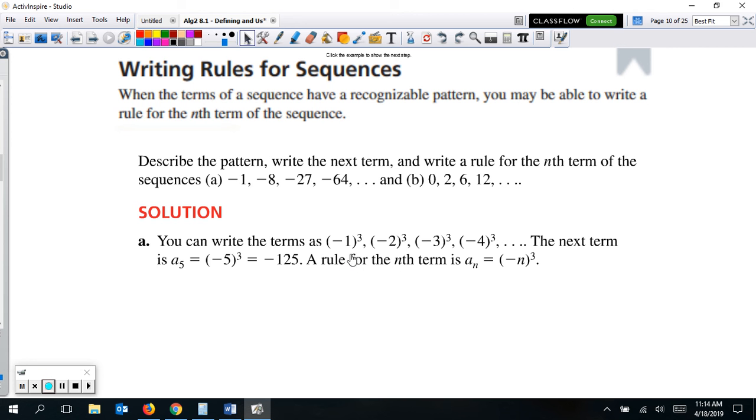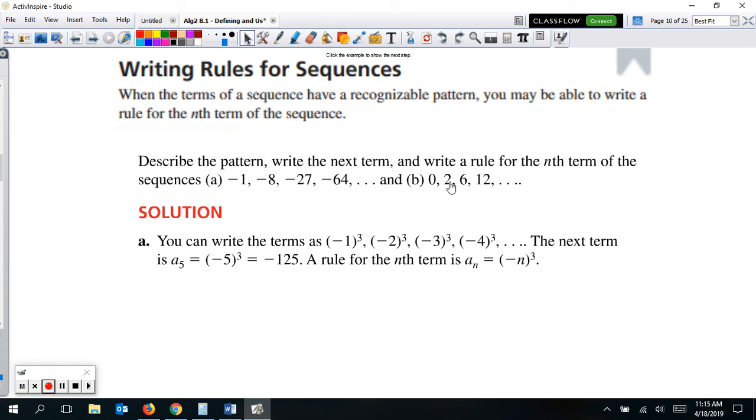So try to write the next term. The next one will be the fifth number in the sequence, which in this case would be -5 to the third, -125. The rule would be to take that number, 1, 2, 3, 4, as we plug in those numbers, make it negative and then cube it. That would be our rule for that.